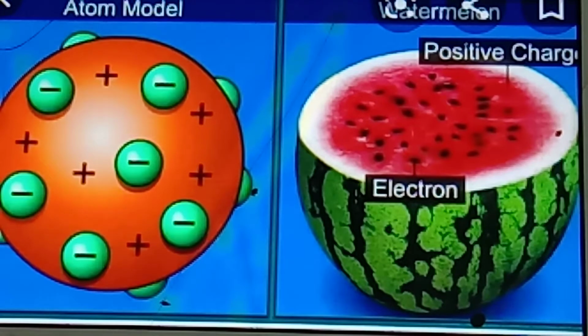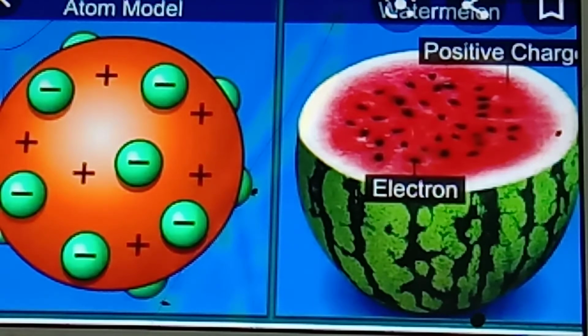Thomson atom model was also called the plum pudding model or the watermelon model.